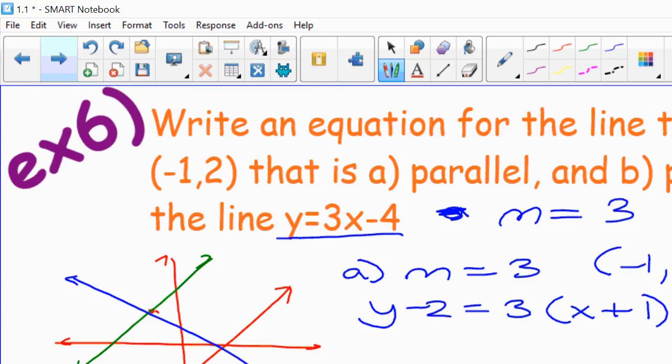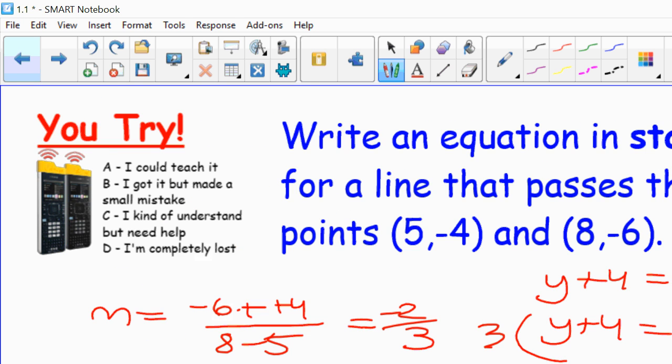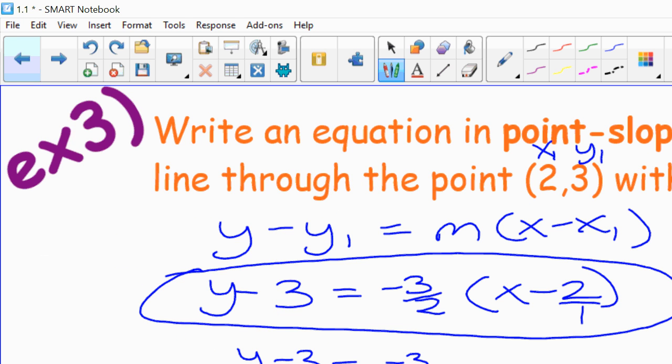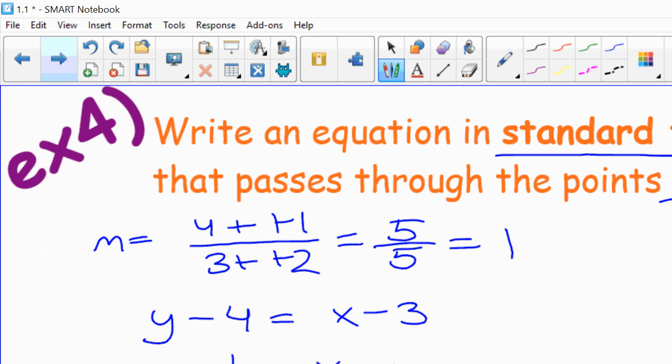Oh, I skipped over that, didn't I? Hold on, let me go back. Look at this example. You see this work right here, where I actually showed my subtraction of the y's and the x's? You have to show that on the AP test, and it's always part A of an extended free response.